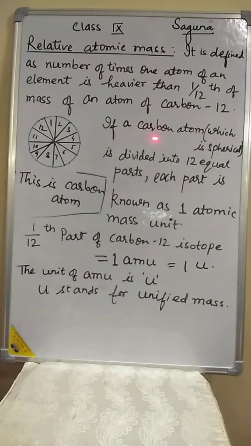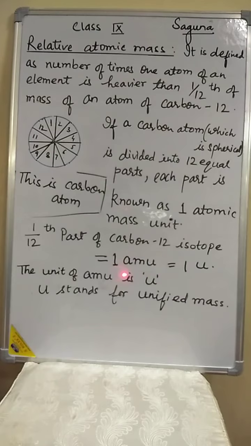So, here we have done the same thing. If a carbon atom which is spherical is divided into 12 equal parts, each part is known as one atomic mass unit. So, 1/12th part of carbon 12 isotope is one atomic mass unit.